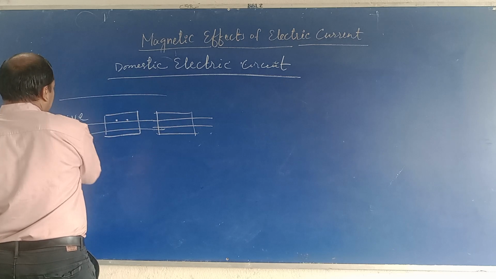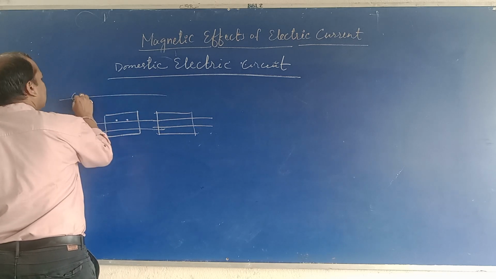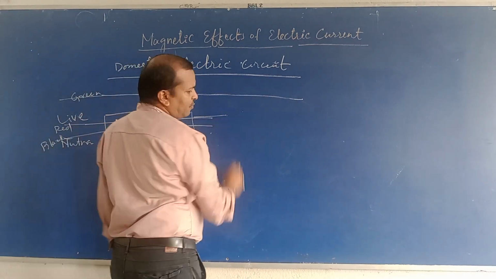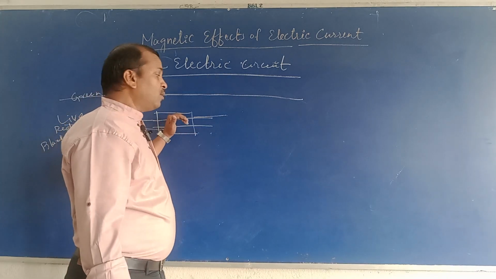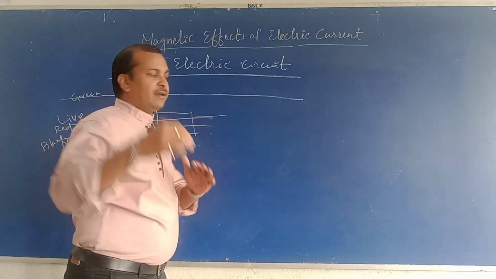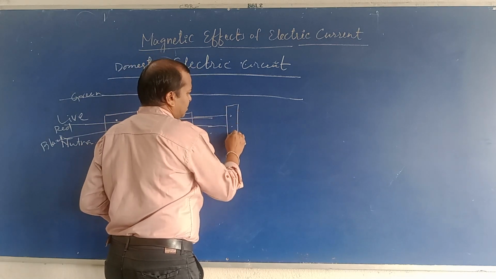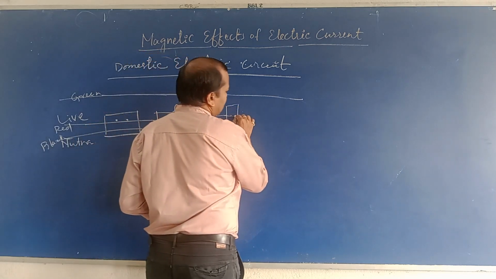This is red, already I showed you. It is red, black, and one green color. It will go through the live and neutral wire thoroughly. It will come to the fuse and the meter.